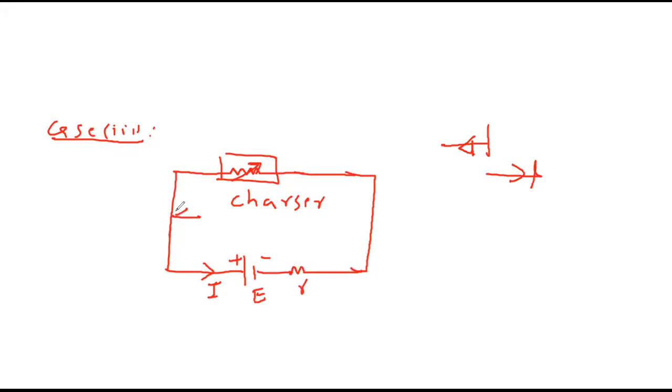So terminal voltage is V, variable resistance R. This is supplying current to the battery of EMF E, internal resistance r. Then see what happens.